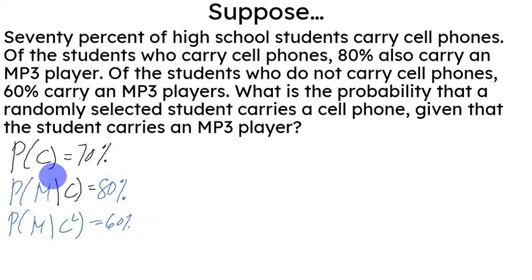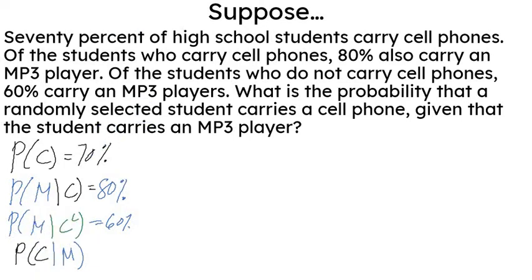Now, with this new piece of information, we are asked, what is the probability that a randomly selected student carries a phone, provided that the student carries an MP3 player? With that new piece of information that we know about students having an MP3 player, what's now the probability of the student carrying a phone?